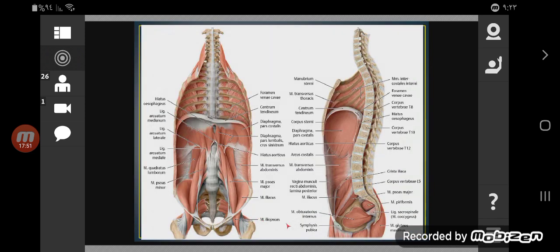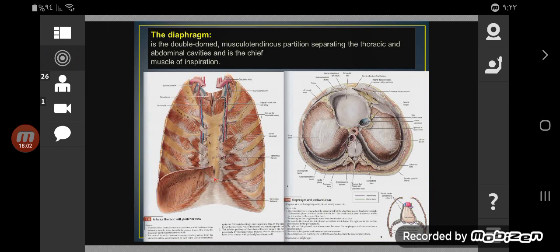And now we see the attachment of the diaphragm. As I told you before, the sternal part of the diaphragm arises from the posterior surface of the xiphoid process. This is the xiphoid process, posterior surface. The costal attachment arises from the internal surface of the lower six ribs.